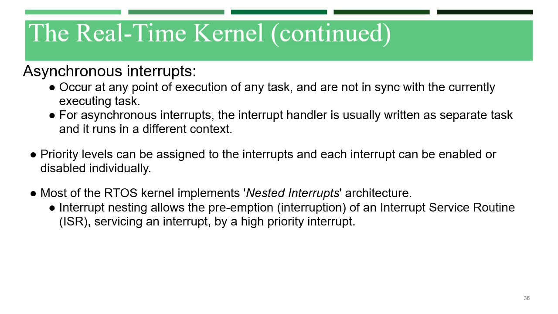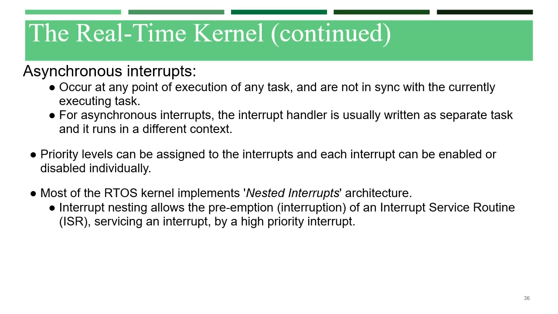The interrupts generated by external devices connected to the processor or controller, timer overflow interrupts, and serial data reception or transmission interrupts are some examples of asynchronous interrupts. For asynchronous interrupts, the interrupt handler is usually written as a separate task and it runs in a different context. Hence, a context switch happens while handling the asynchronous interrupts.